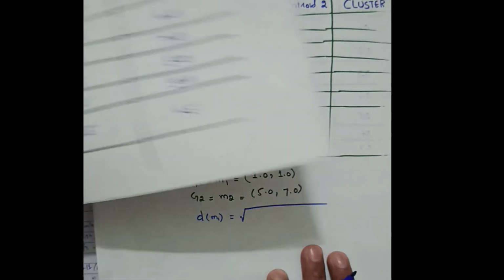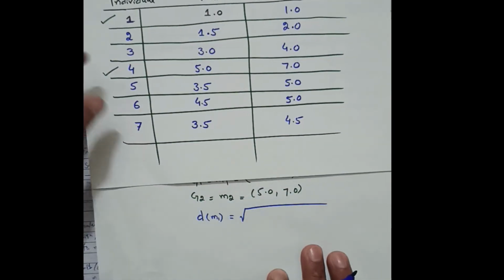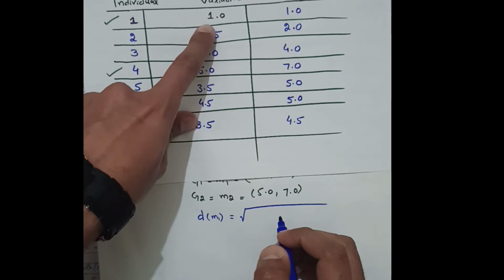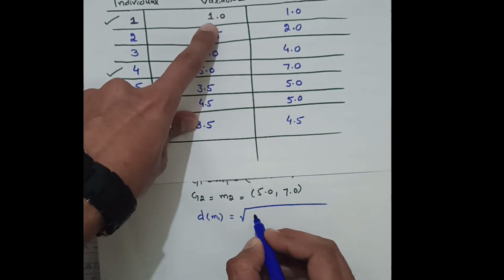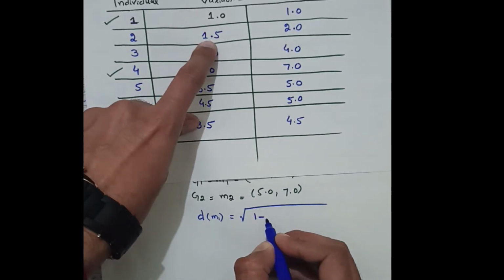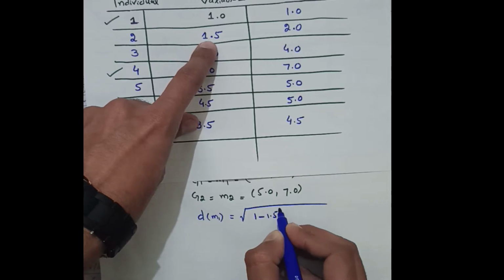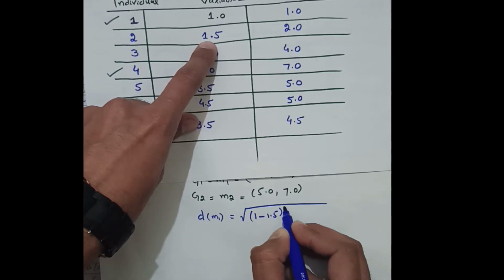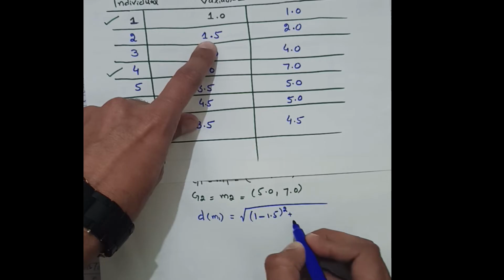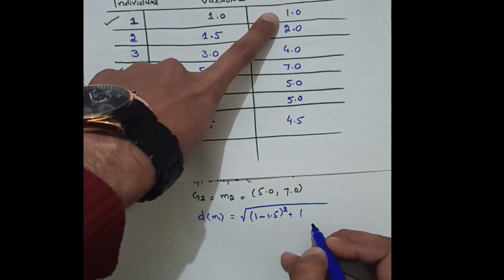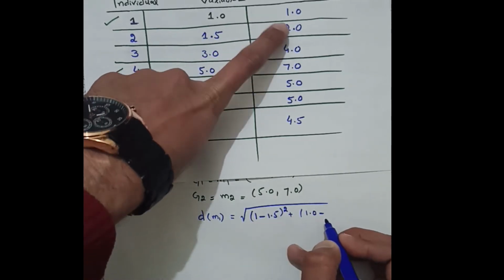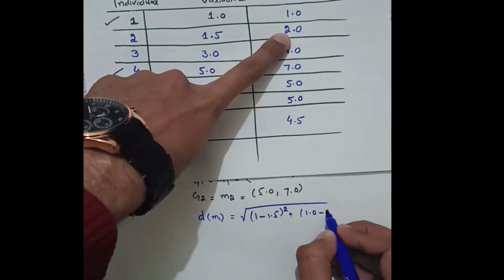Here you can see, what is the Euclidean distance of 1 and 2? It is equal to the first variable point, 1, minus the first variable of the second point, 1.5, whole squared, plus the second variable of the first point, 1.0, minus the second variable of the second point, 2.0.